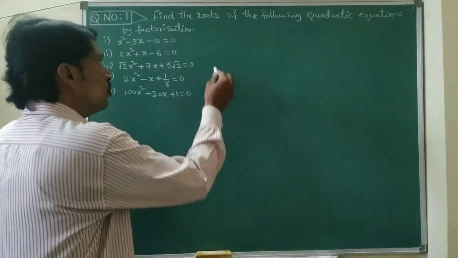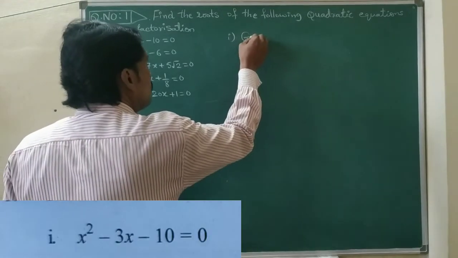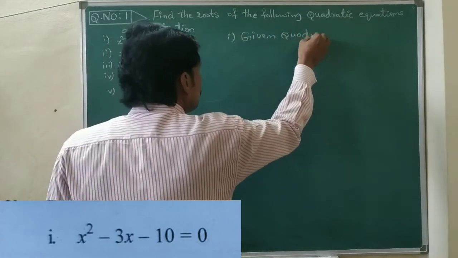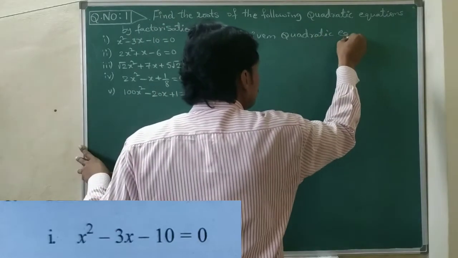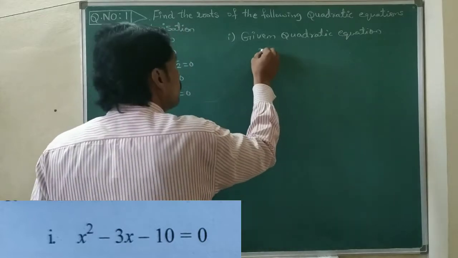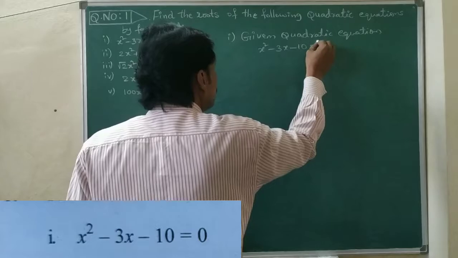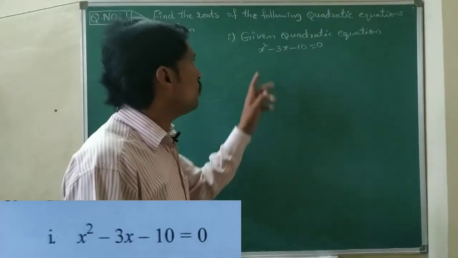So the first solution, the first one I am taking. The given quadratic equation is x square minus 3x minus 10 equal 0.